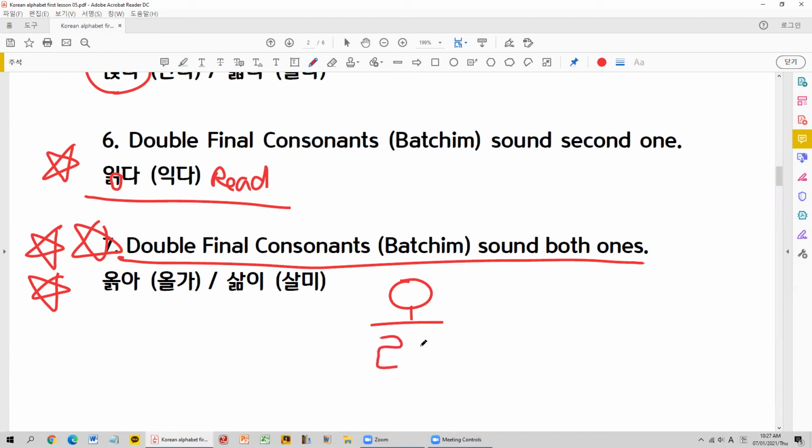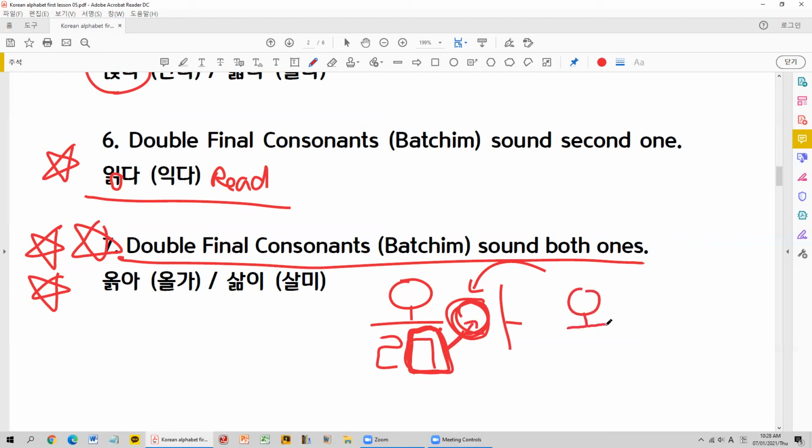If you have a double final consonant like this, and then you have a circle here, the circle is replaced by the previous final consonant. So this circle is replaced by this one, the previous final consonant, not the first one, the second one. So this second final consonant goes up over there, replacing the circle.